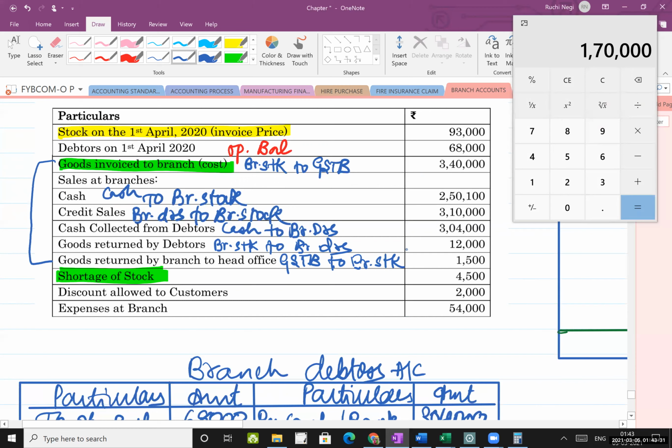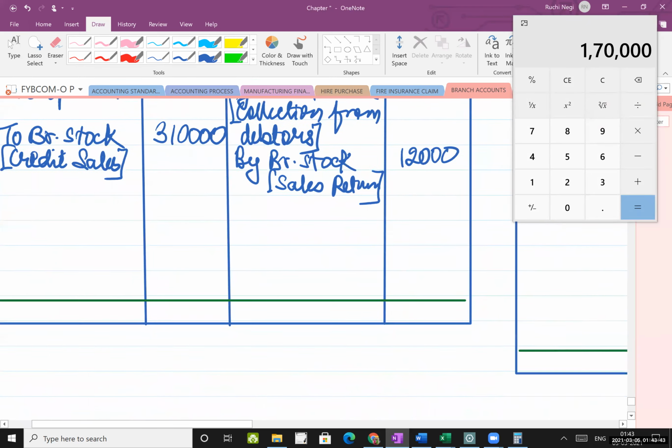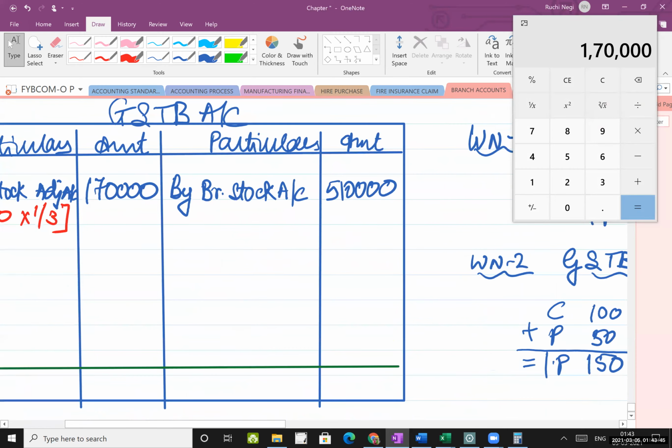Okay, GSTB to branch stock. Okay, now this was at cost, so obviously this amount will also be at cost. Fine, so we will have to calculate this.